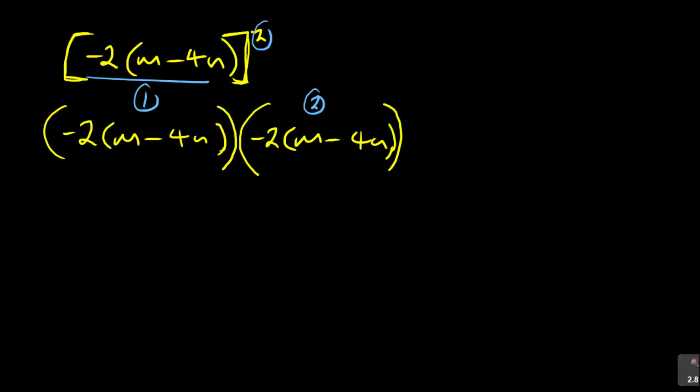Are you with me? At this stage, what do you need to do? Let me see what is best here. Whenever you've got two brackets like this, it's better to first deal with the inner brackets. Why?